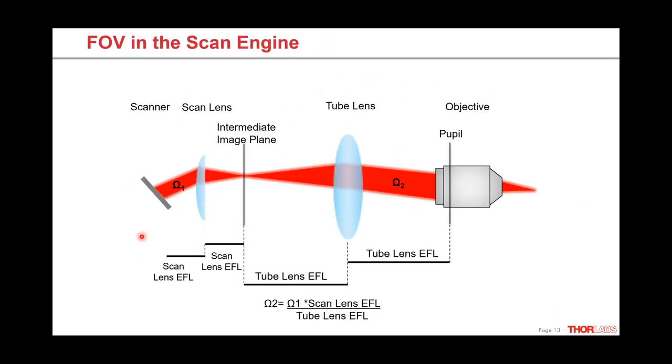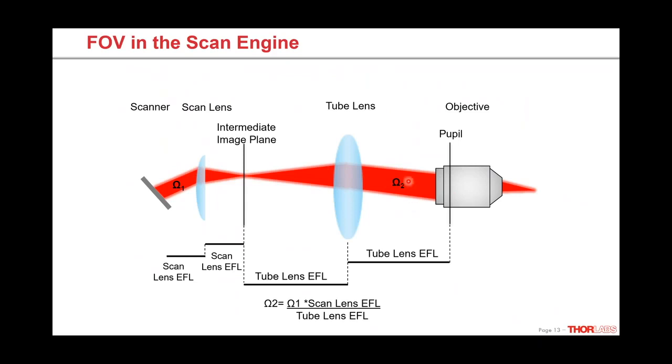I bring this up because field of view in a scan engine is often limited by the scan engine optics, not the objective. In a scan engine, the maximum angle that the light coming out of the scanner is relayed is reduced by the scan engine magnification before it goes into the objective.